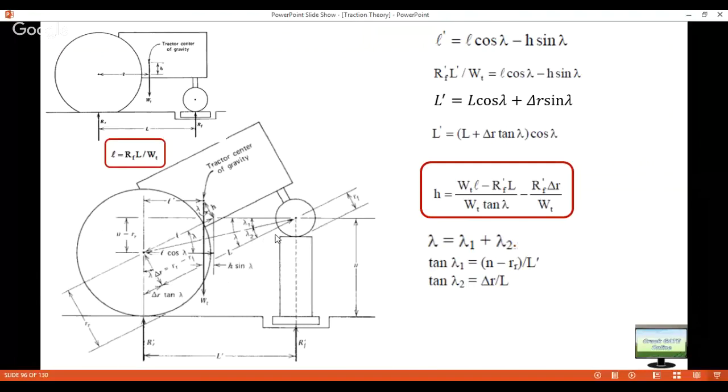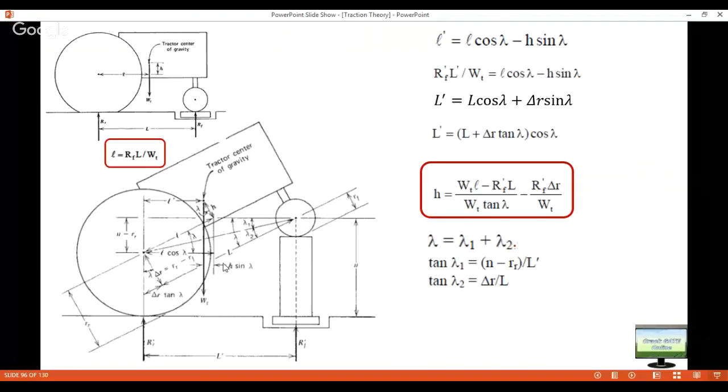Similarly, lambda 2. If you take this perpendicular triangle, then tan lambda 2 will be this delta R, which is P, and what is B? B is again your this capital L, which is your wheelbase. So because you are seeing this triangle.